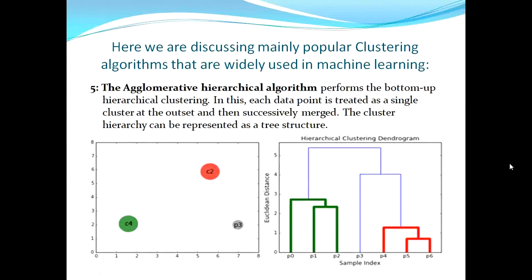P1 and P2 get combined into one cluster, followed by P0 getting merged into the same cluster, C4. Now P3 gets merged into cluster C2, and finally both clusters get merged into one.